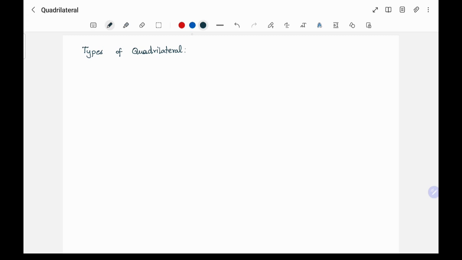Okay, then we'll go into types of quadrilateral. The first type we'll see is a parallelogram. As its name suggests, the opposite sides are parallel.